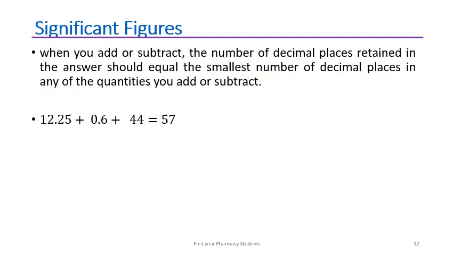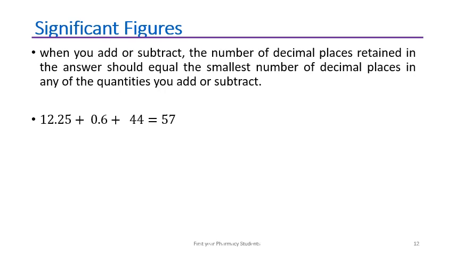When you add or subtract numbers with different significant figures, the number of decimal places in the answer should be equal to the smallest number of decimal places in any of the quantities you added or subtracted.